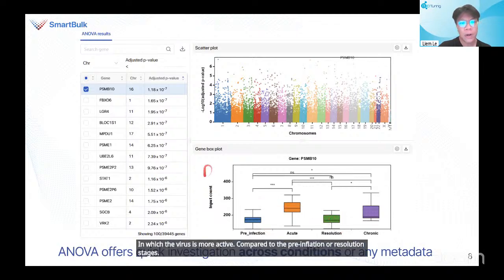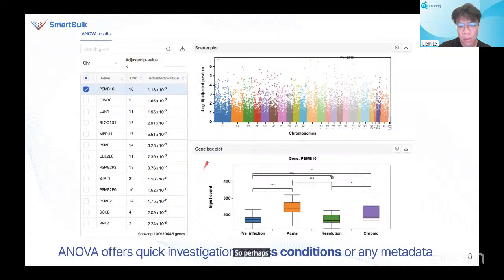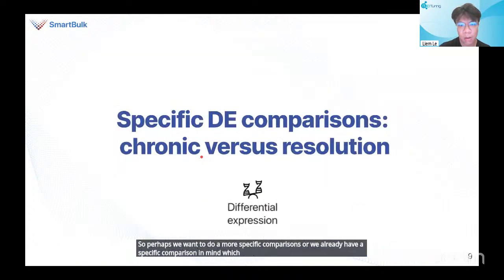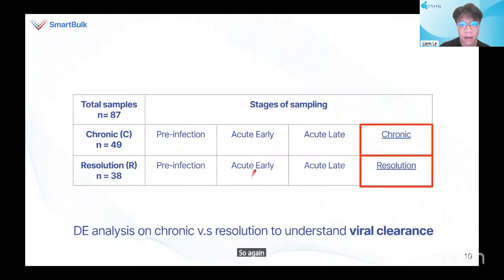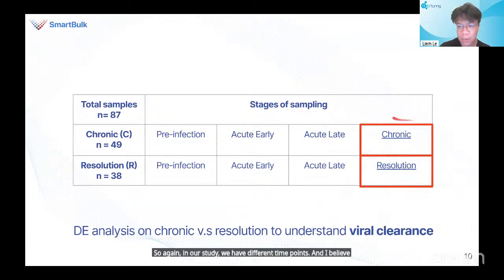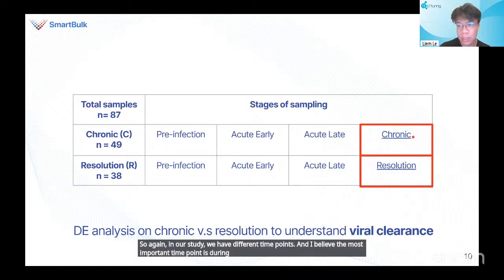So perhaps we want to do more specific comparisons, or we already have a specific comparison in mind, which calls for the differential feature also on our SmartBulk platform. Again, in our study, we have different time points, and I believe the most important time point is during the chronic and resolution follow-up, because it will show the most drastic changes between these groups of patients, right?